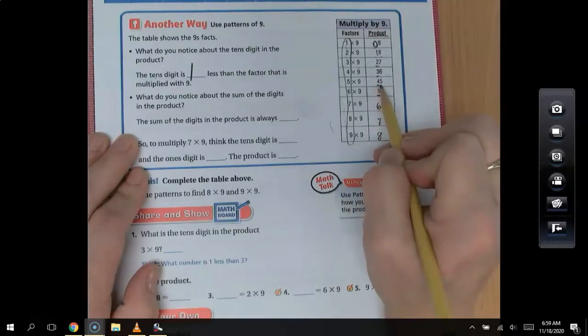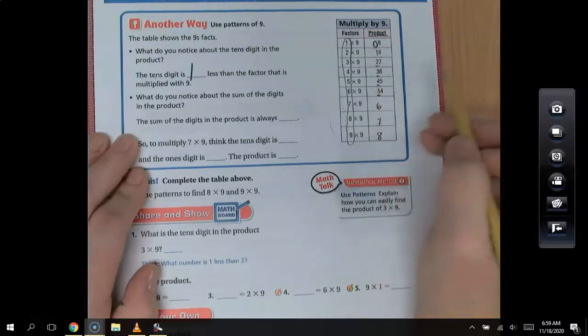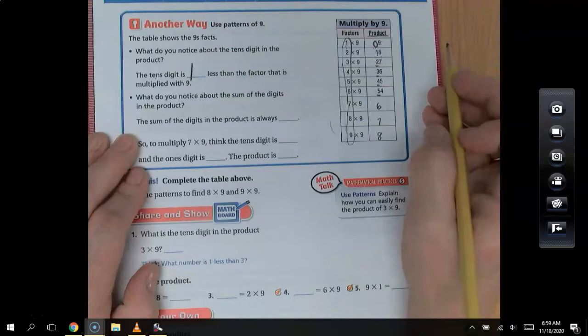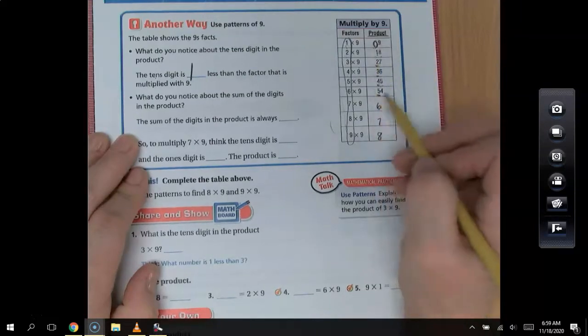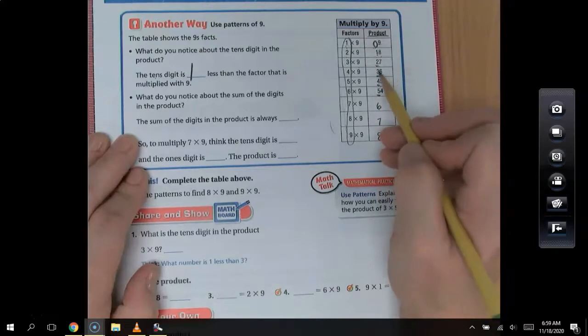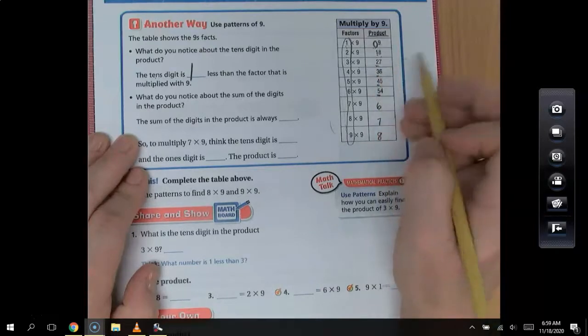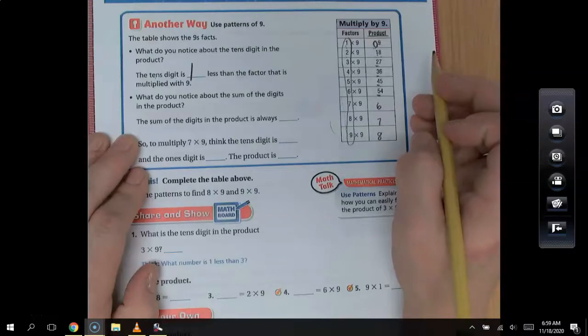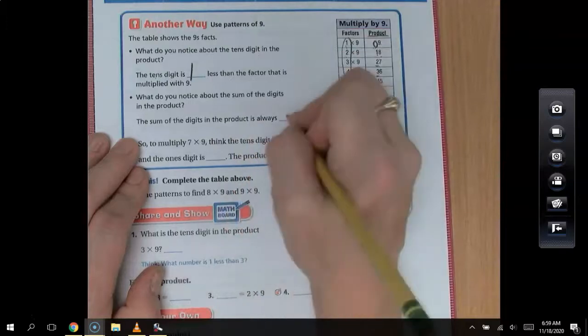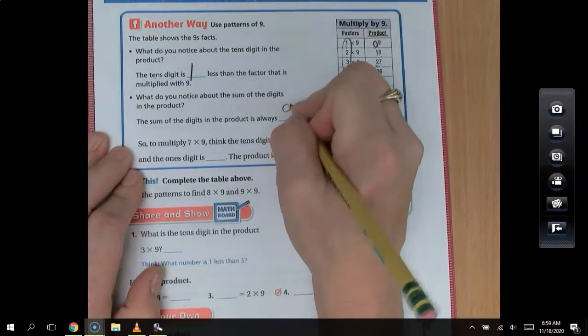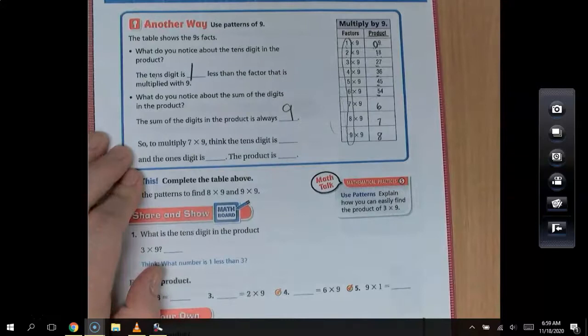What is 4 plus 5? Boys and girls, it's 9. If you're multiplying two factors and one of your factors is 9, whatever your product is, when you add those two numbers up, you're going to get 9. Crazy, right? All right. So the sum of the digits in the product is always 9. It's always 9. Okay.